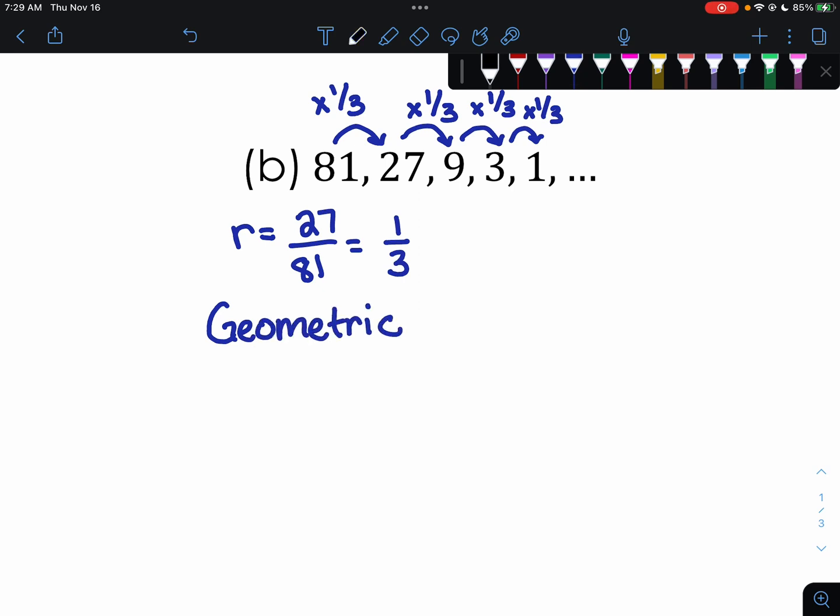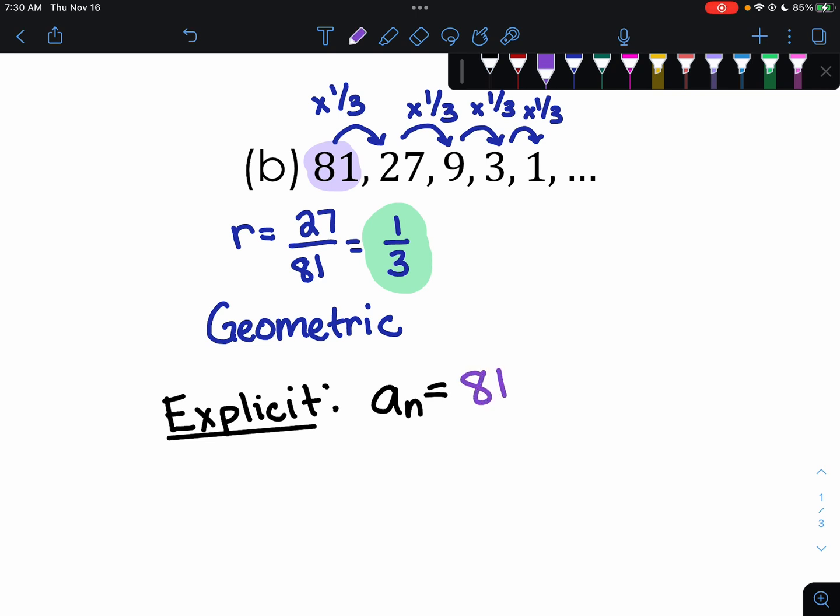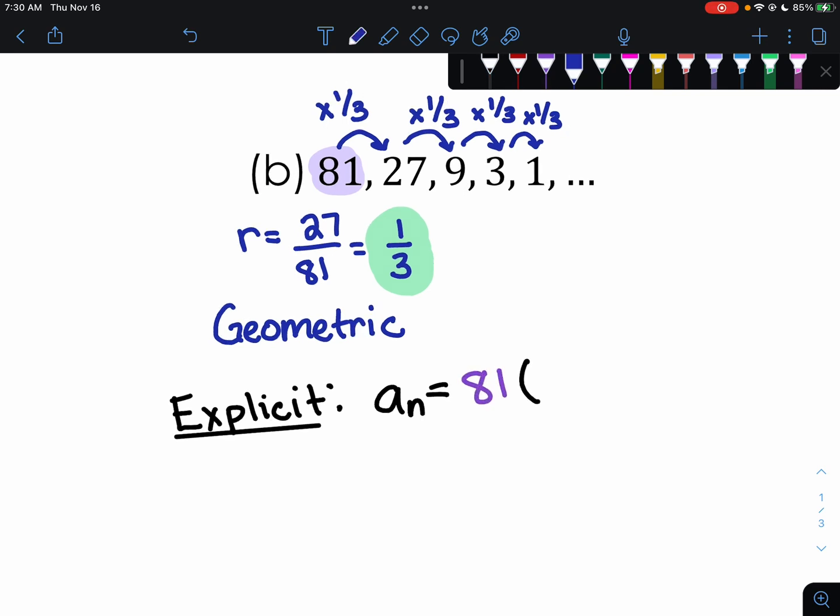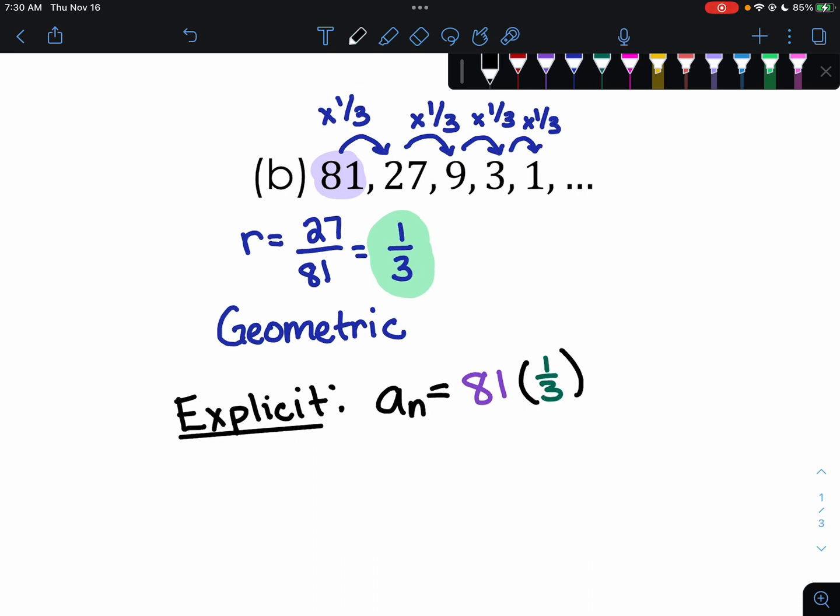And so we can write the explicit and the recursive formula. Starting with the explicit, the two things we need are the common ratio, which we found, and our first term, which is 81. So a sub n equals our first term times our common ratio to the n minus 1 power.